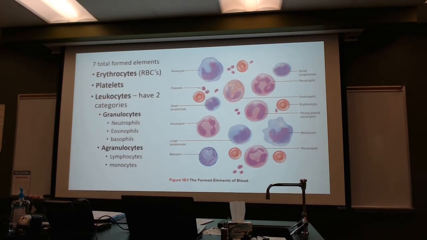So that's why they got termed the granulocyte or an agranulocyte. There's a total of 5 altogether.